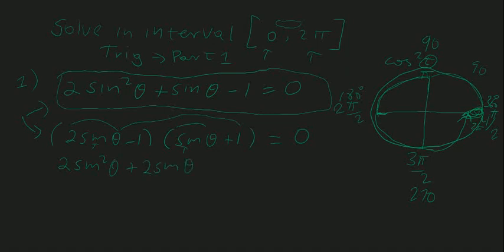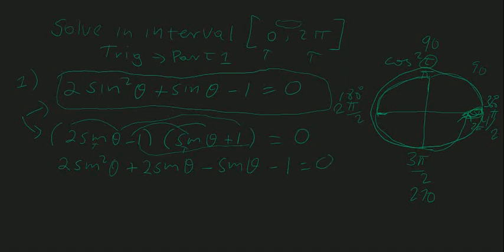Then minus 1 times sine angle gives you minus sine angle, since anything you multiply by 1 is itself. And then minus 1 times plus 1 gives you minus 1.